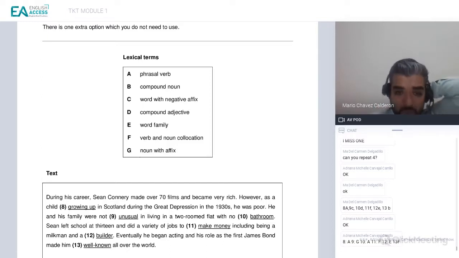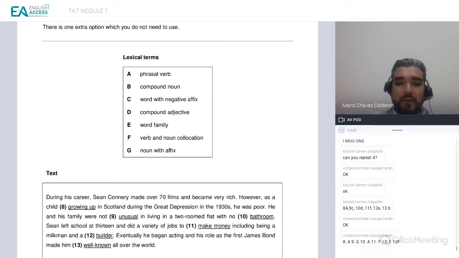We have bathroom. It's a compound noun. It's letter B. We have number 10, B, bathroom, compound noun, bathroom, together. It's not an adjective, it's a noun. The bathroom, it's a noun.